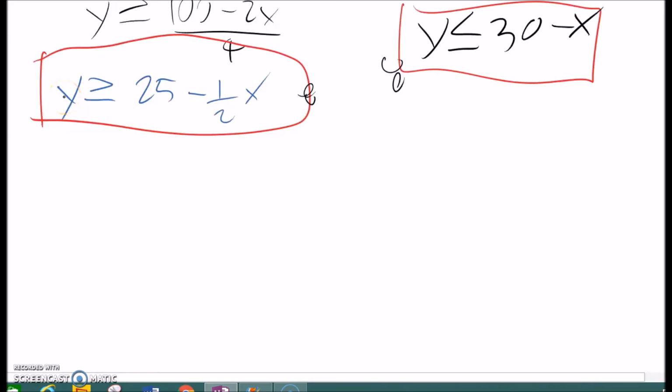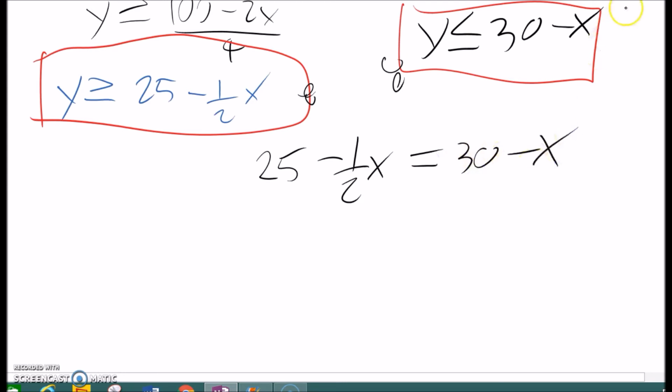Okay, so next we're going to set the first equation and the second equation in slope-intercept form equal to each other to solve for x, and then it would be 25 minus 1 over 2x equal to 30 minus x.